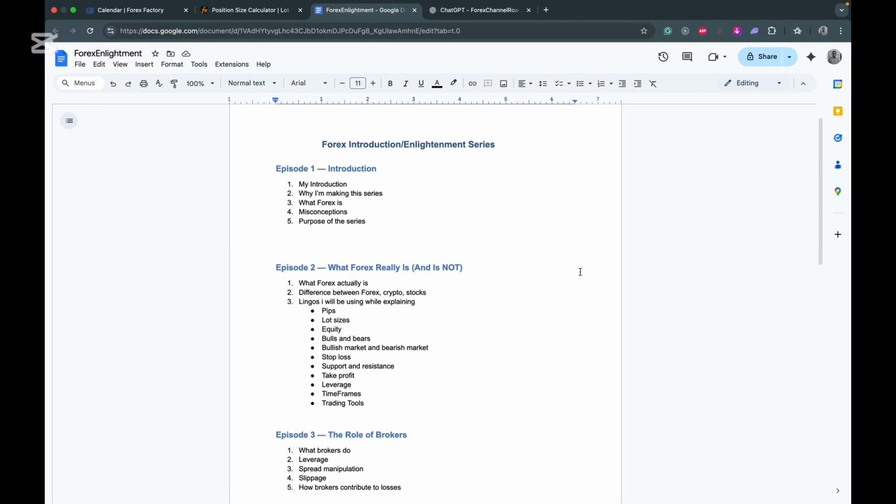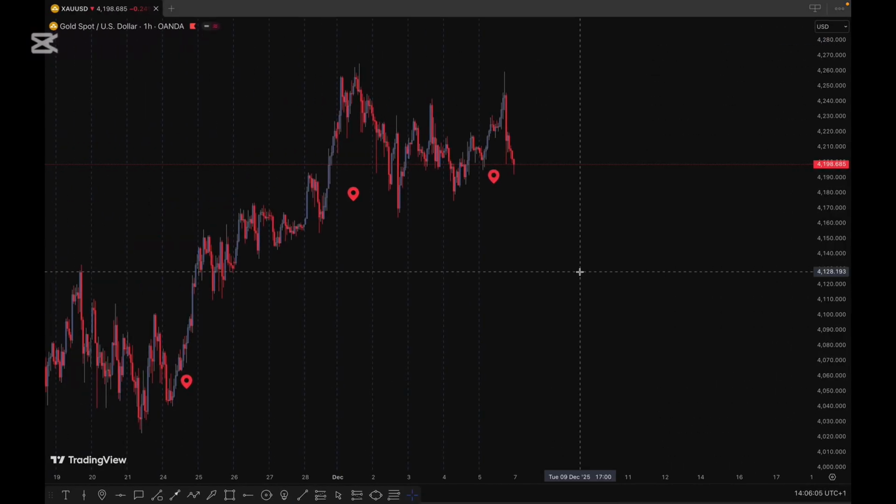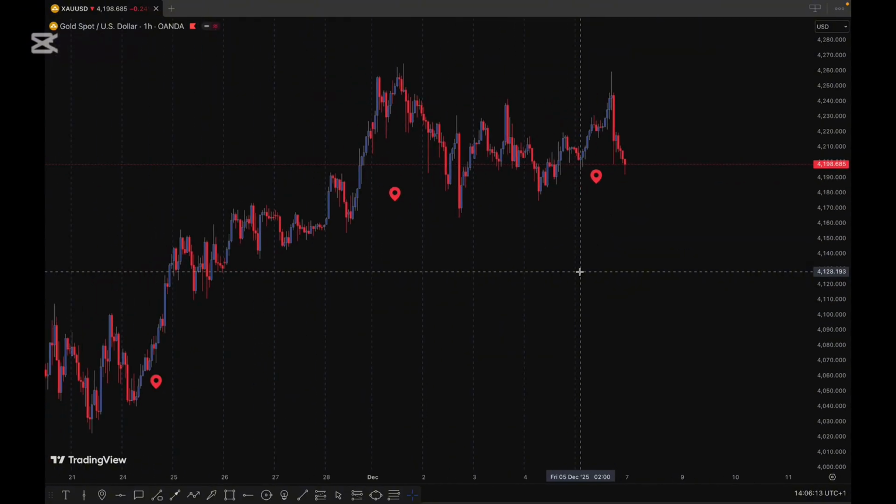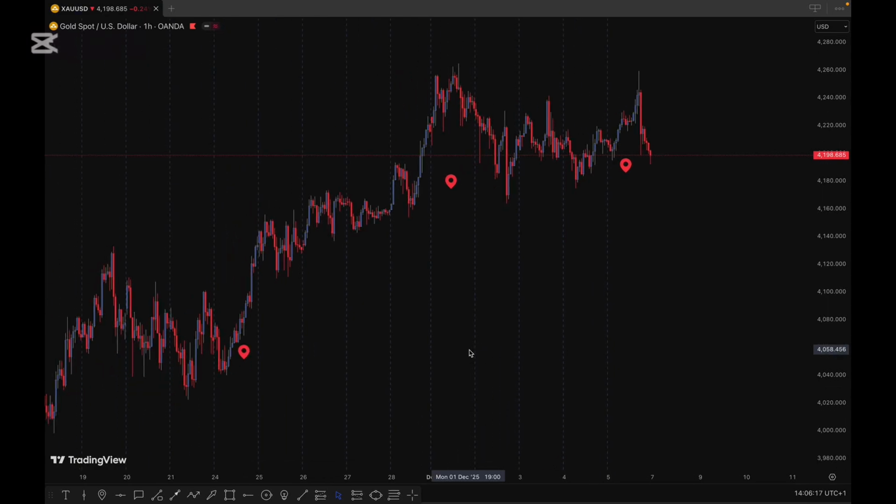So then the trading tools, yeah, this is very important. In the forex market, most traders use these four tools judiciously, starting with TradingView, which I introduced to us in the previous episode. This is TradingView, and this is where most of the analysis is done.